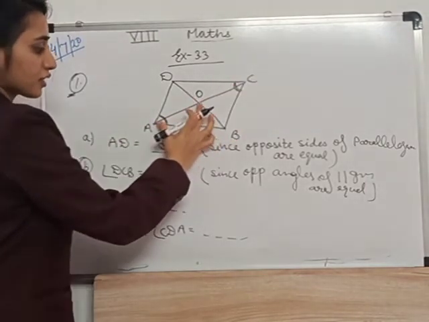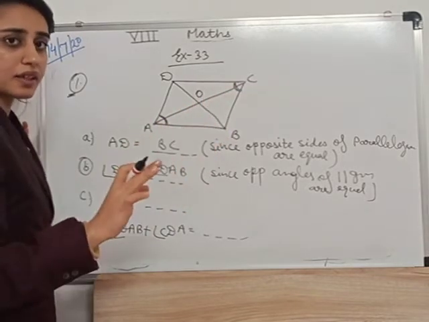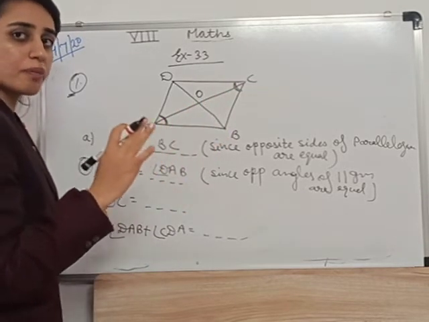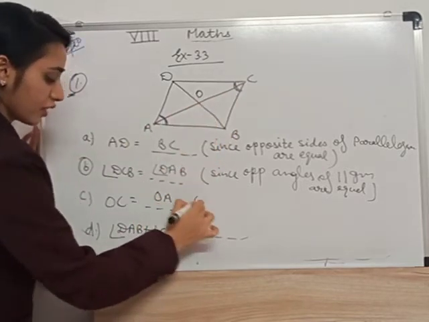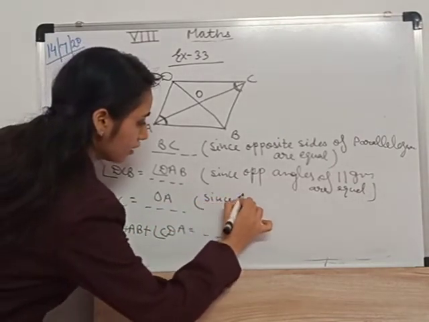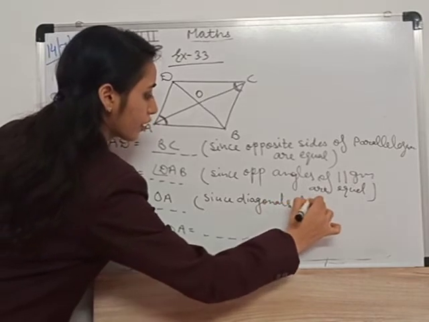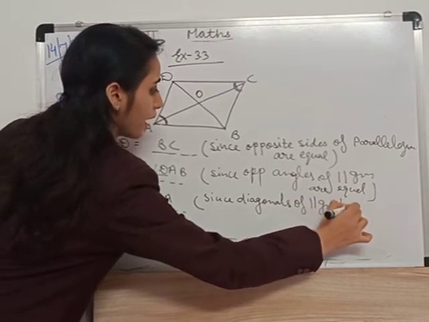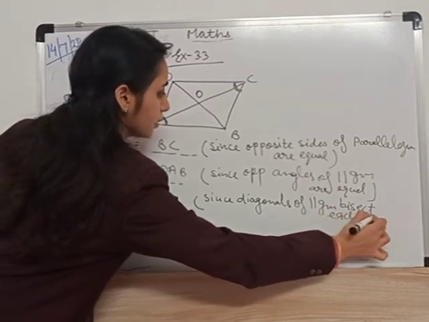OC is equal to OA because diagonals of a parallelogram bisect each other. The reason: since diagonals of a parallelogram bisect each other.